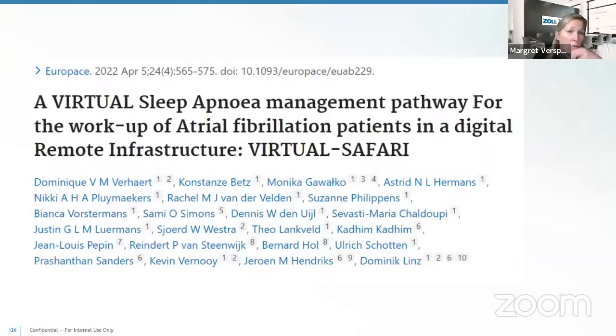In the Netherlands, we have a sleep apnea management pathway for patients with AFib. We have some sites that are screening patients with atrial fibrillation based on a virtual sleep center. So the patients are all diagnosed and treated out of the hospital.